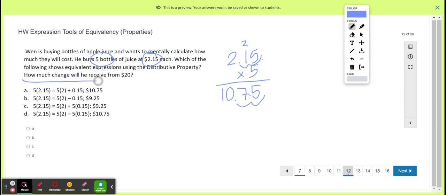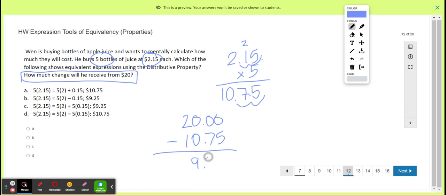Now we look at the question: how much change should he have from $20? So you've got $20 and you subtract $10.75, you should end up with $9.25. So right away we can see $10.75 is not how much change he should receive.